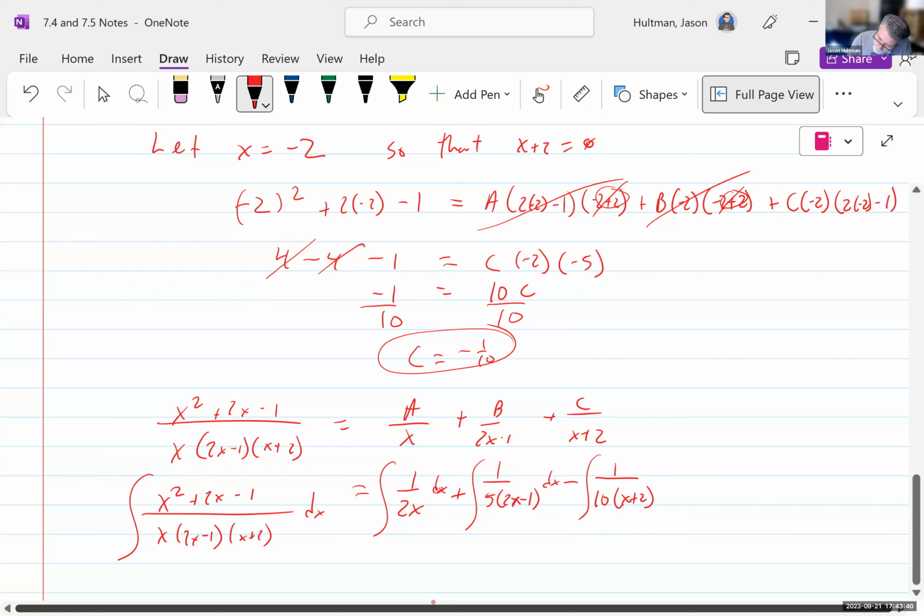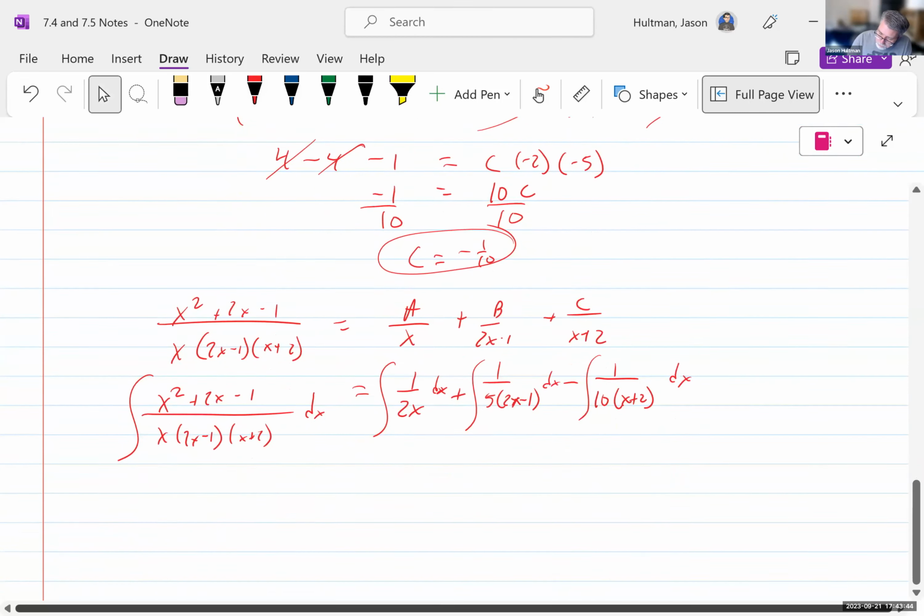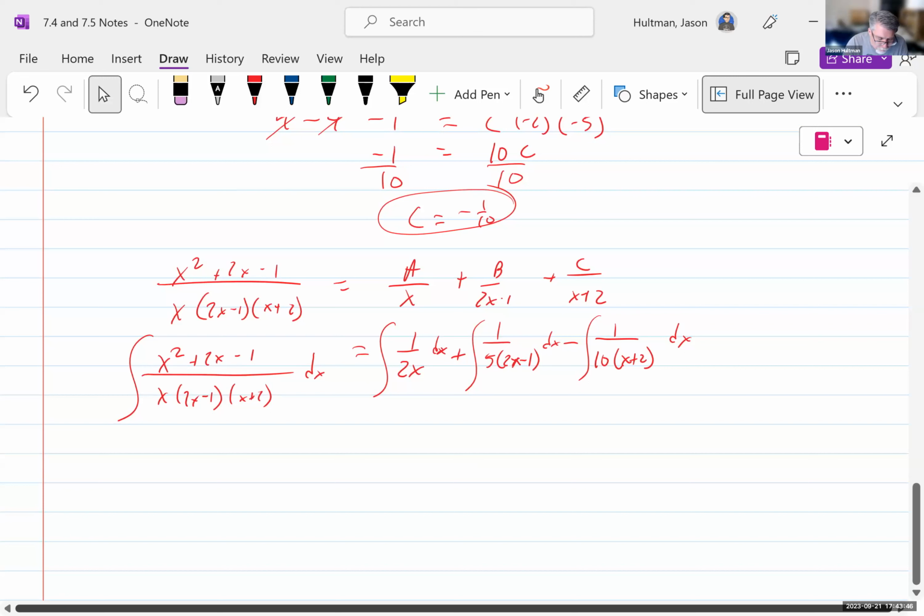And these are a lot easier to integrate than having one big one with a bunch of factors in the denominator. So let's integrate these individually.